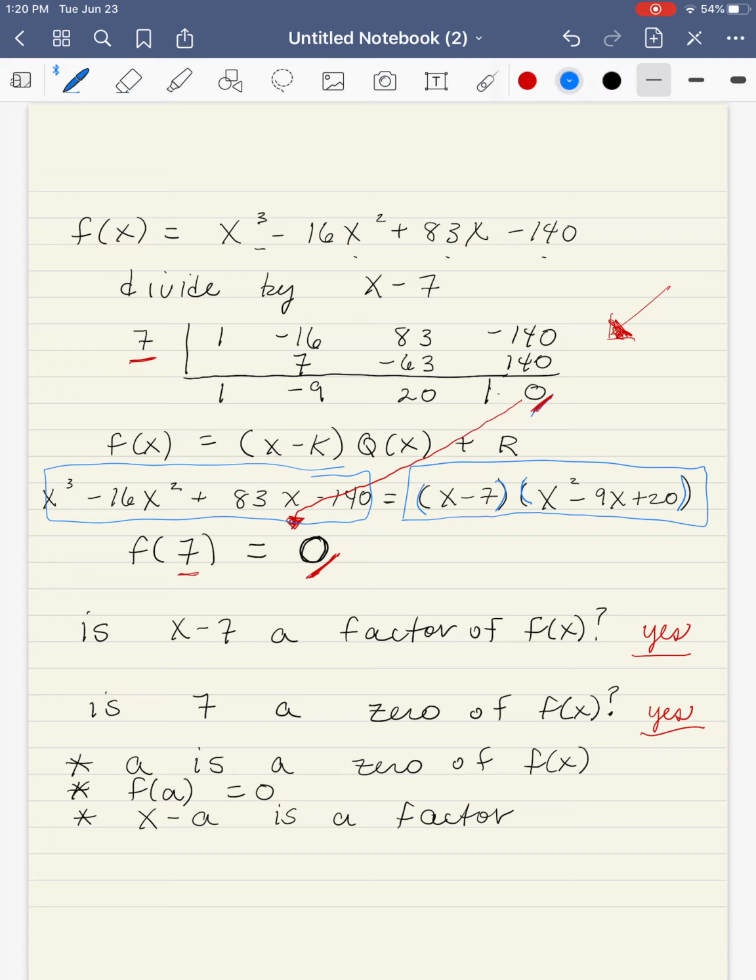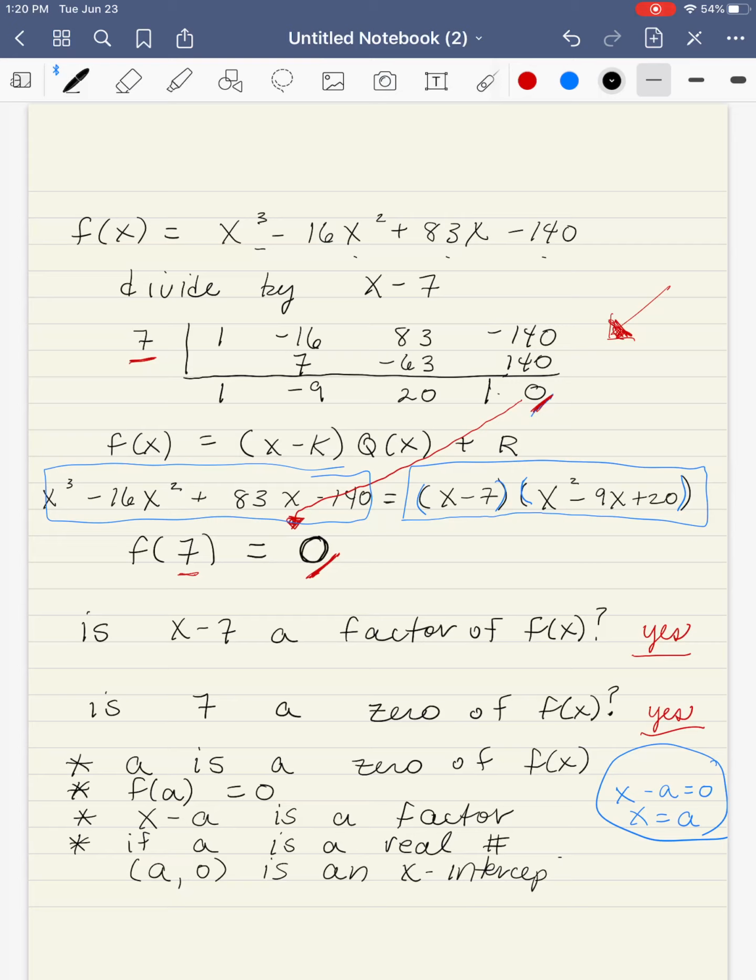We also know that x minus a is a factor, because if I set x minus a equal to 0 and solve for x, I get x equals a. So I know this one as well. And we also saw from our graphing in a previous lesson that if a is a real number, then the point a comma 0 is an x-intercept.